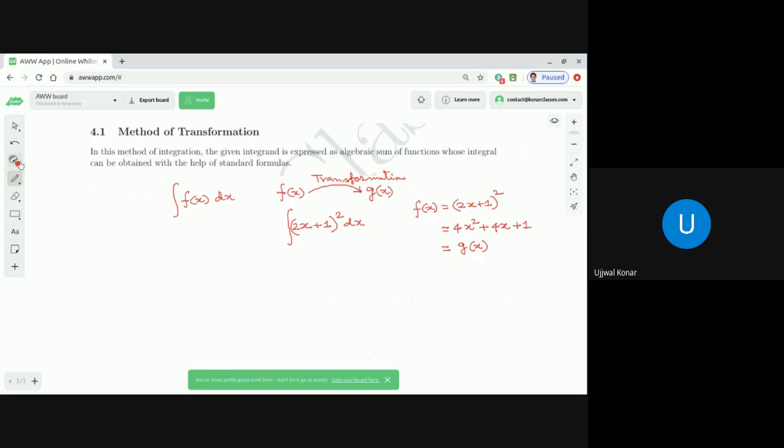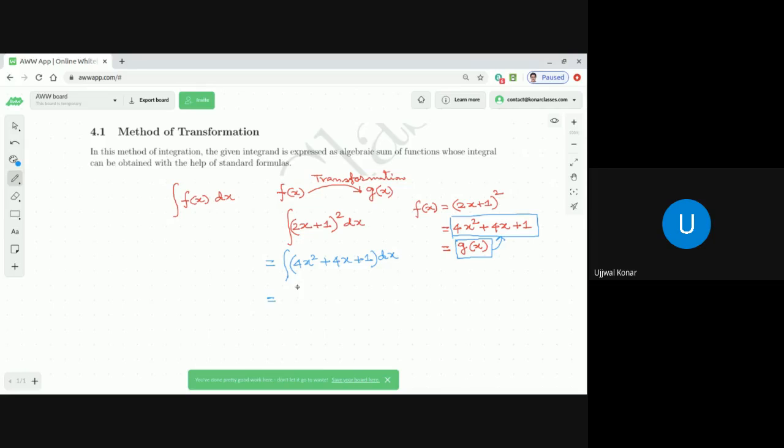So the g(x) we get is 4x square plus 4x plus 1. I'm just giving a very simple example. So then we can write that same function as integration of (4x square plus 4x plus 1) dx, correct or not? Clear or not clear?